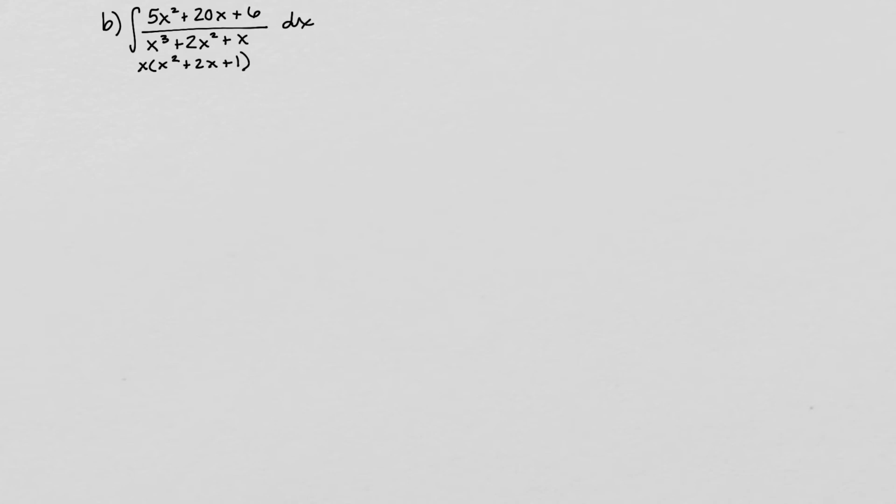So what does that factor into? Yeah, so it's x plus 1 times x plus 1, or x plus 1 quantity squared. So this is going to be x times x plus 1 quantity squared.